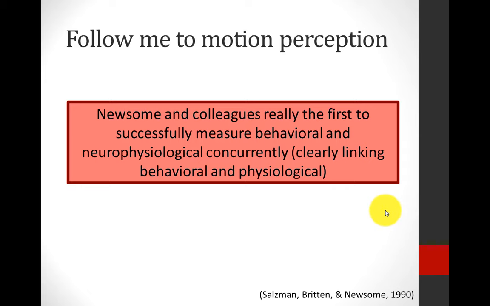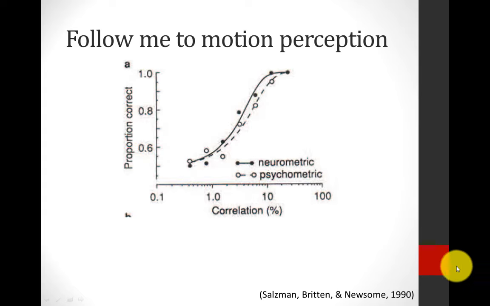What they found is that the information contained in the MT neurons was sufficient for performance on the motion discrimination task. You can see it in this plot: here's your percent correlation, and here's the proportion of correct responses on the y-axis.